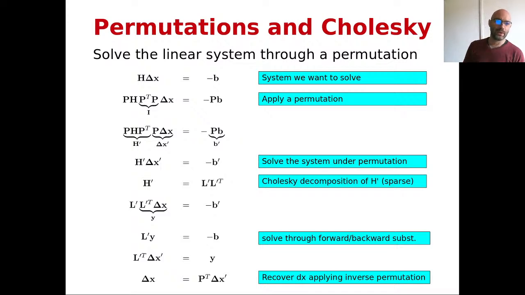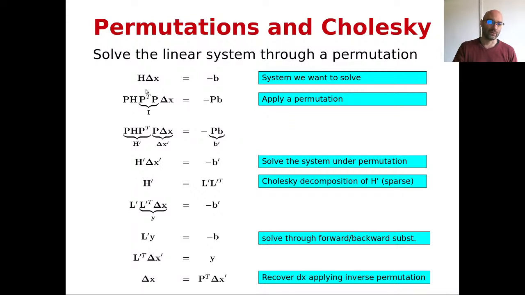Now, knowing the ordering, we could construct a permutation, and therefore we could apply this permutation to the system. One way on how this could function is to multiply both elements of the linear system to the left and to the right by the permutation and obtain a new linear system.